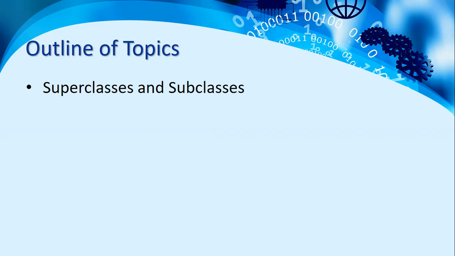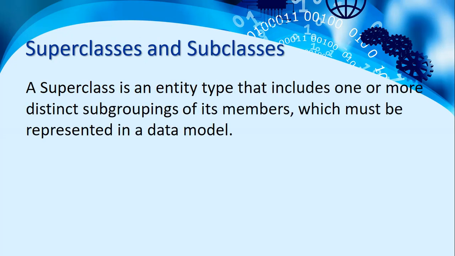Let's start with discussing first what superclasses and subclasses are. When we say a superclass, it is an entity type that includes one or more distinct subgroupings of its members, which must be represented in a data model.